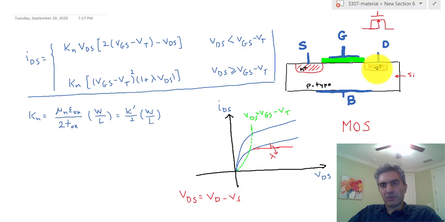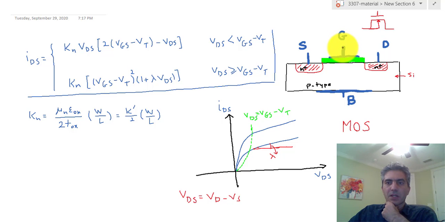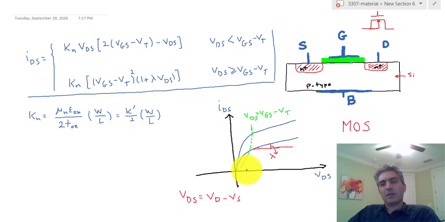So if you apply a drain source voltage that is positive, and assuming that you start applying also a positive gate source voltage, once the gate source voltage goes above a threshold voltage that is called Vt, then the current starts flowing, and at that point the equation that describes the current that is passing through the drain source could be described in one of these two ways.